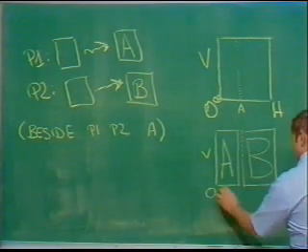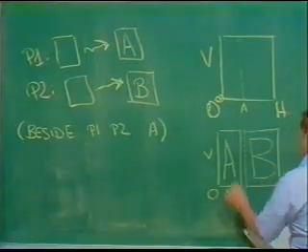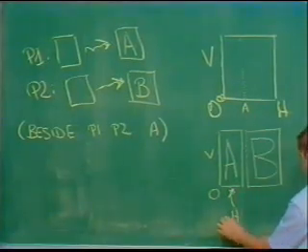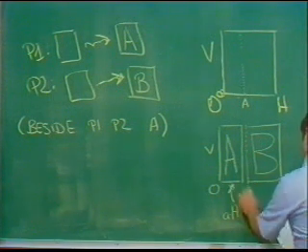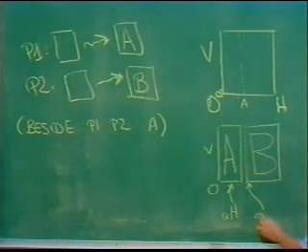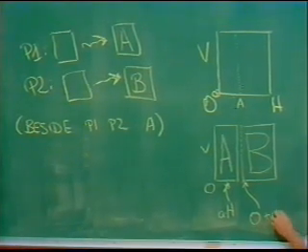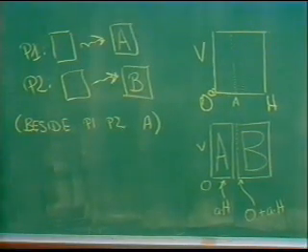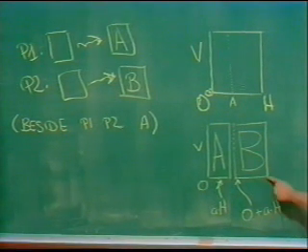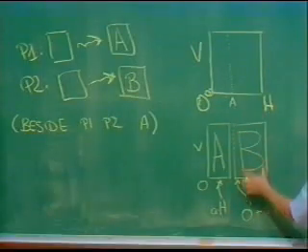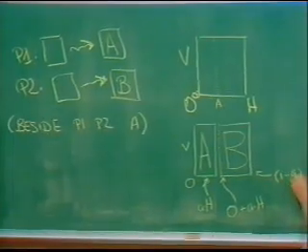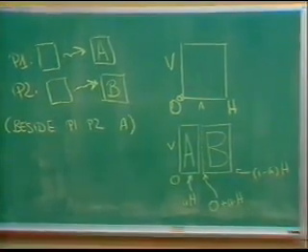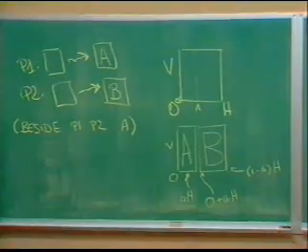The horizontal vector is the horizontal vector of the original rectangle scaled by A. The second rectangle's origin is the original origin plus that horizontal vector scaled by A. The horizontal vector of the second rectangle is the rest of the horizontal vector, which is 1 minus A times the original H, and the vertical vector is still V.